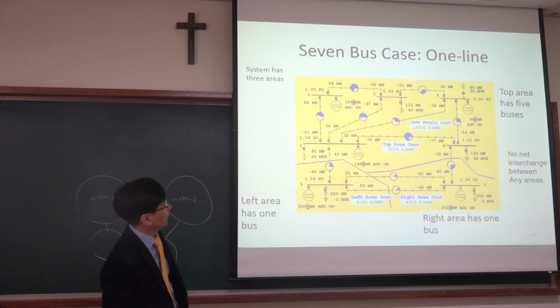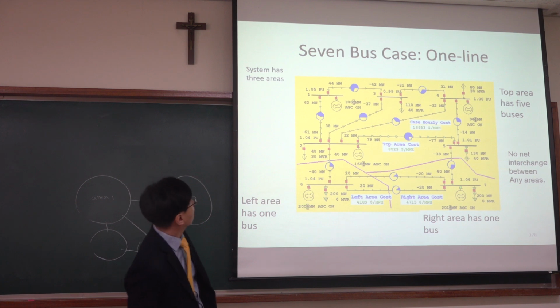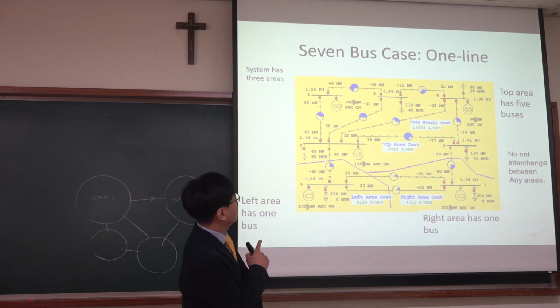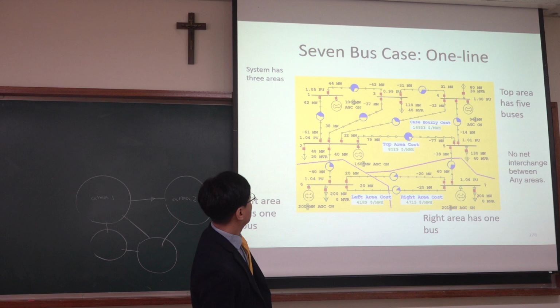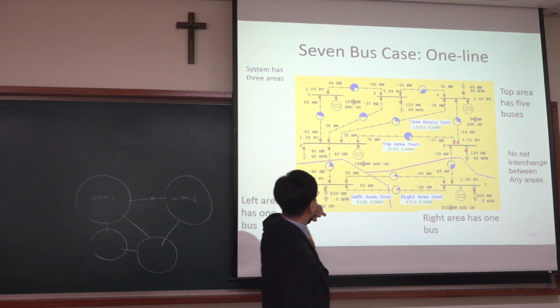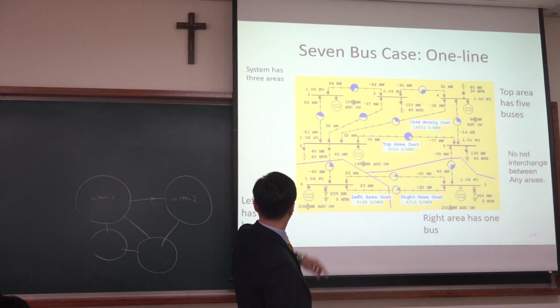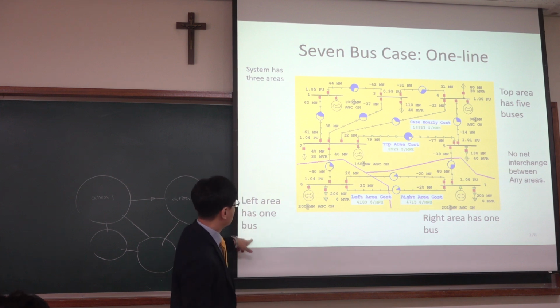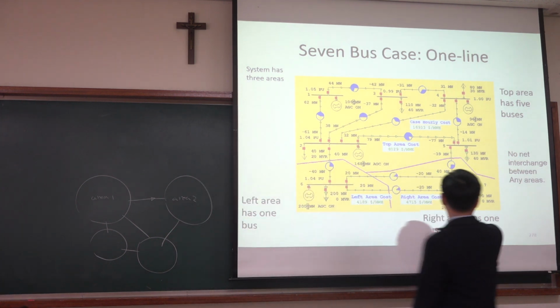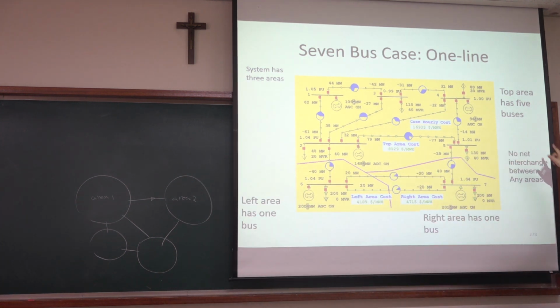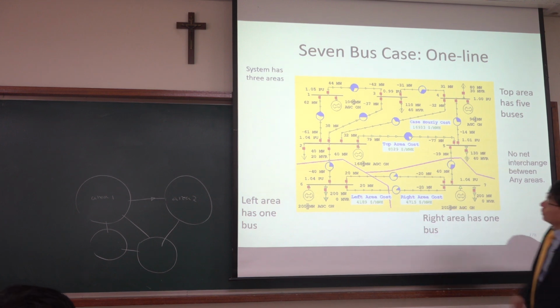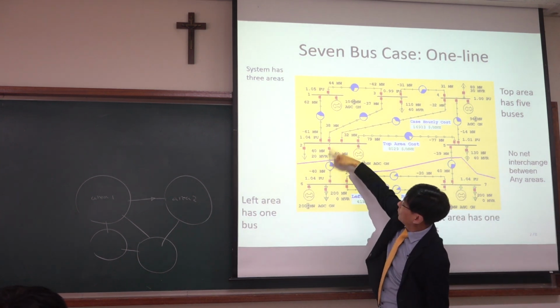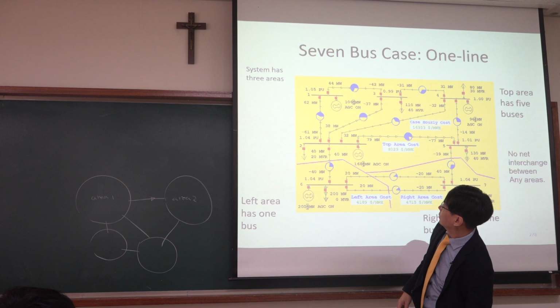So let's see, the 7-bus case. We have 3 areas. The left area has 1 bus, the right area has 1 bus, and the top area has 5 buses, and you see the line flow between the 2 areas.